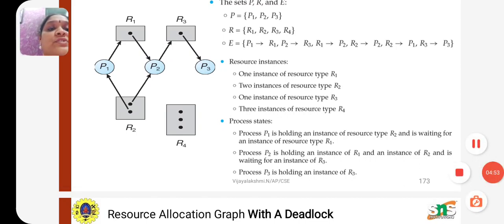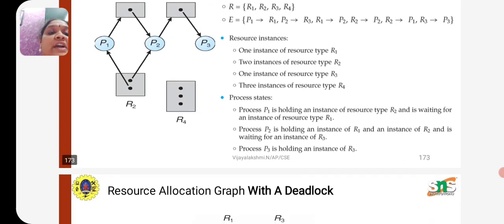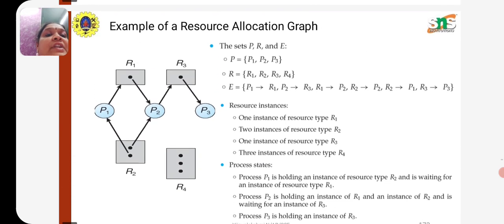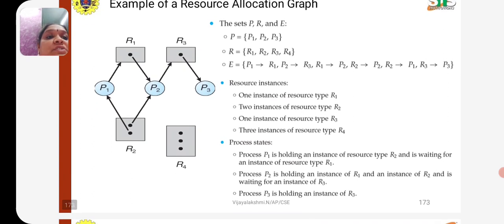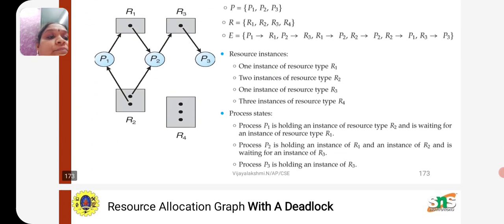And we have resource instances: one instance of resource type R1, and likewise R2, R3 and R4, and the processes P1, P2 and P3. This is called a resource allocation graph, and this is one example of it.